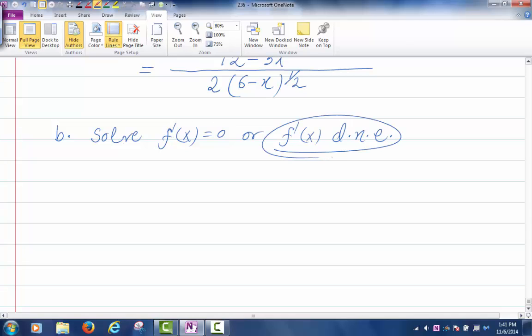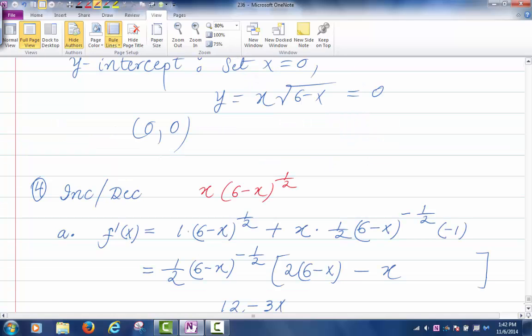So here, the only time when the derivative doesn't exist is when x is 6. And of course, we knew that before, because the function, remember, is defined from negative infinity to 6. So right at 6, because it's an endpoint of the graph, you cannot have a derivative there. Now, the derivative is 0. How do I solve that? Well, if the derivative is 0, you have the derivative formula in front of you, right?